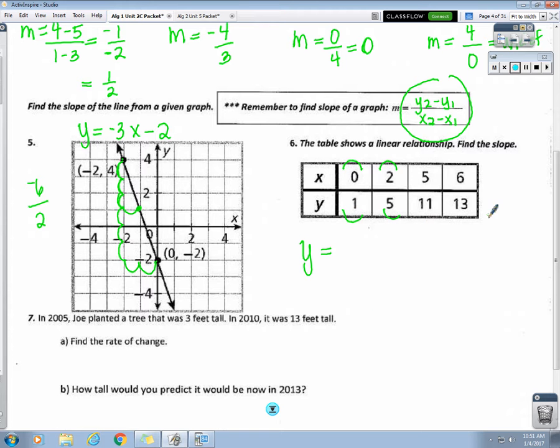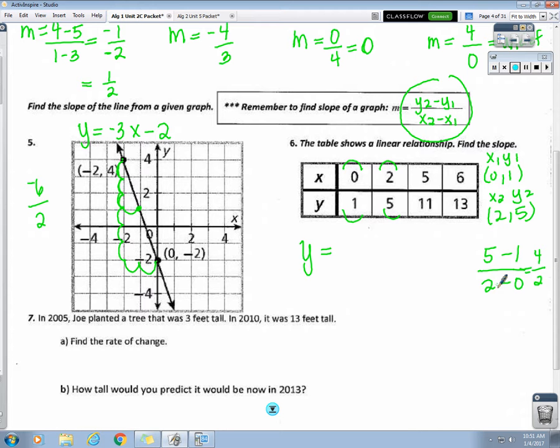So if we're using the points (0, 1) and (2, 5), this is my first point, so I'll call it x1, y1, and this is my second point, so I'll call it x2, y2. So that's 5 minus 1 over 2 minus 0, which becomes 4 over 2, right?